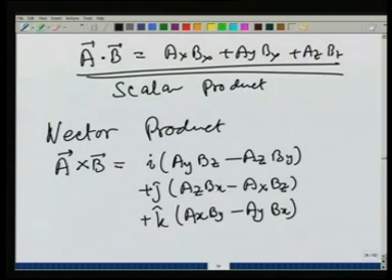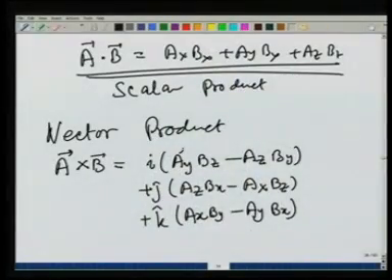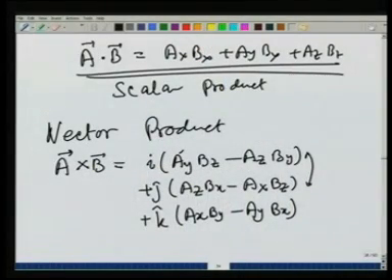What happens under transformation? Under transformation, if I transform each component ax, ay, by the way we did earlier, these components should also mix according to the rule of vector transformation.